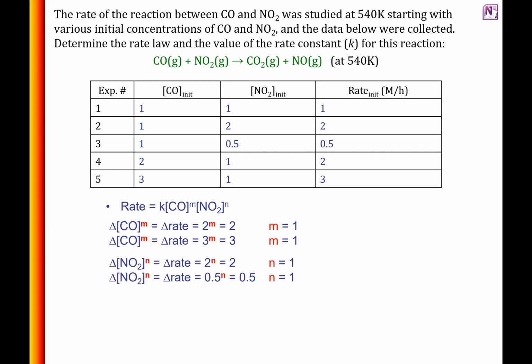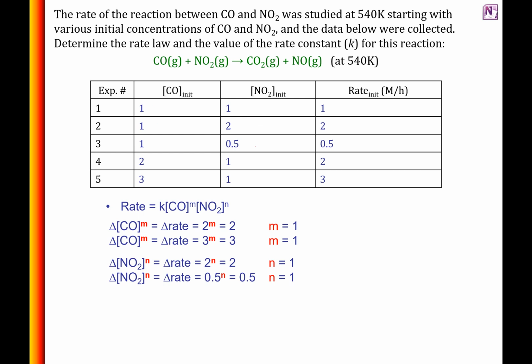Now we want to find n. We'll do the same thing. From reaction 1 to reaction 3, we cut the concentration of NO2 in half, and we kept the concentration of CO the same. And if we look at reaction 1 and 2, we kept the concentration of CO the same, but we doubled the concentration of NO2.